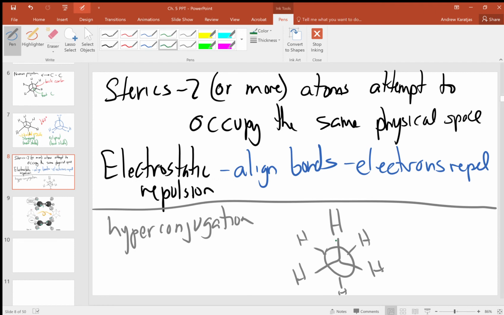So this sigma bond can donate into the sigma star, the empty sigma star orbital, for a bond that's 180 degrees away. We only get something that's 180 degrees away if we're in a staggered conformation. And so, as always, that idea of delocalizing electrons, sharing electrons, is a stabilizing effect.